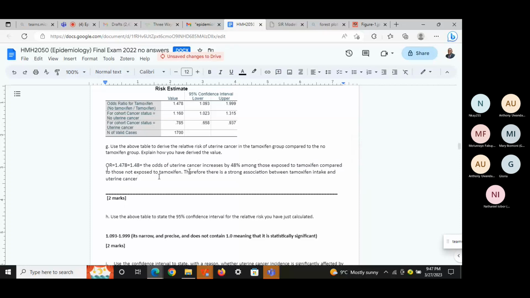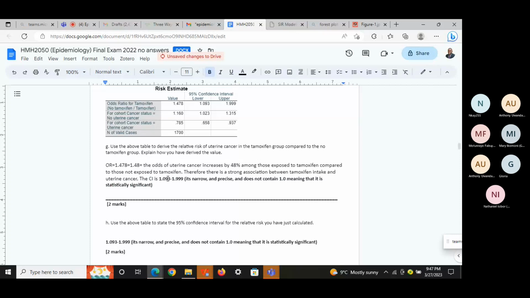Then you can now bring in our confidence interval. So I will now say the confidence interval is 1.093 to this. It is narrow, precise, and does not contain 1.